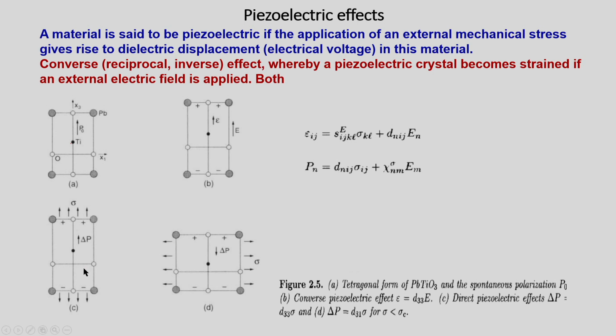When you apply poling or stress, the dipole moment changes, and the net effect is that an electrical voltage can be detected. Similarly, when you apply an electrical field, again a strain takes place in the crystal. So, this effect is explained here.